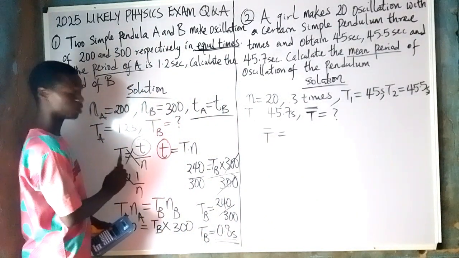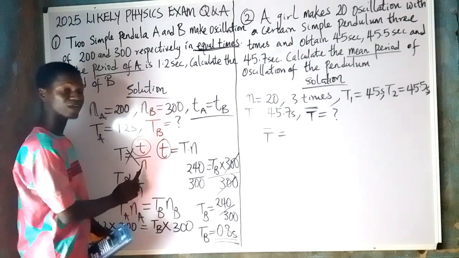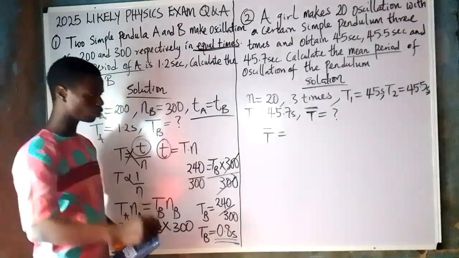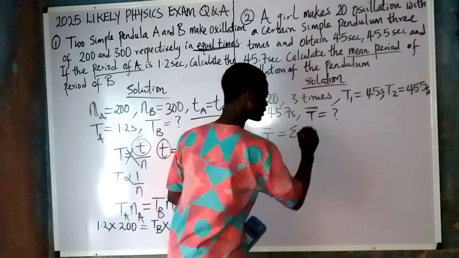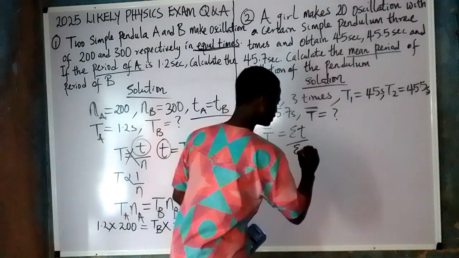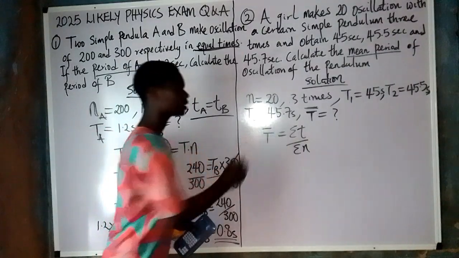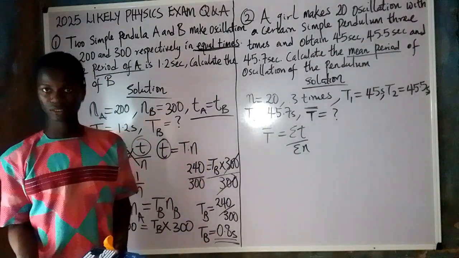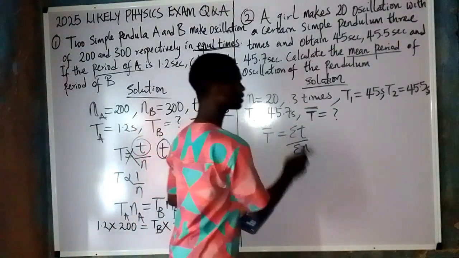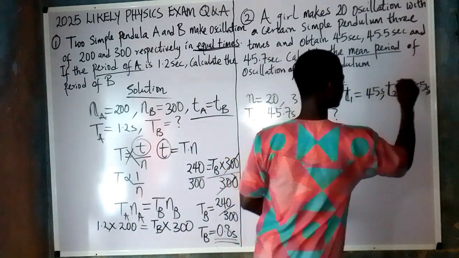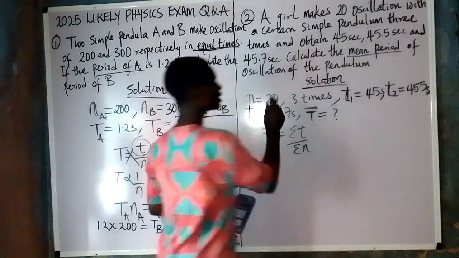Period equals small t over small n. Because we are now finding the mean period, we will say sigma small t over sigma small n. This will now be the formula for our mean period. Now, what does this sigma small t mean? These are the different times. We are asked to find the mean period.